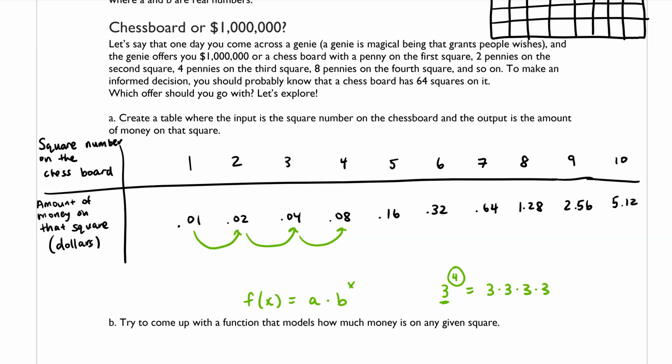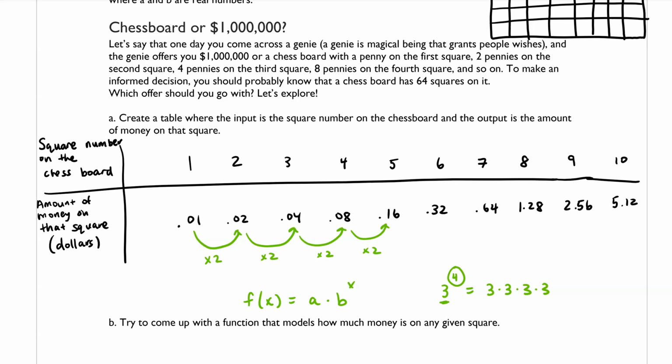If you said that the pattern is that the output values are doubling, you would be correct. Notice that we are multiplying by 2 each time to get to the next value, and that pattern continues on throughout the table.